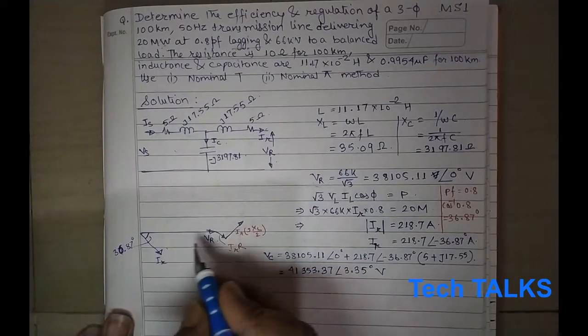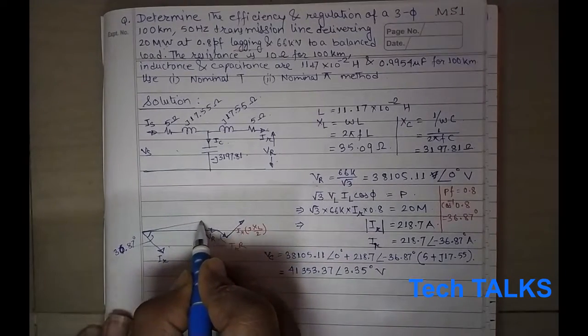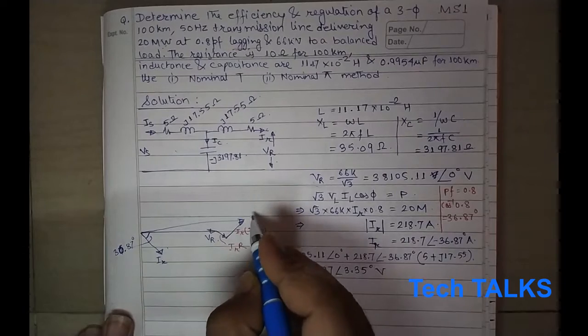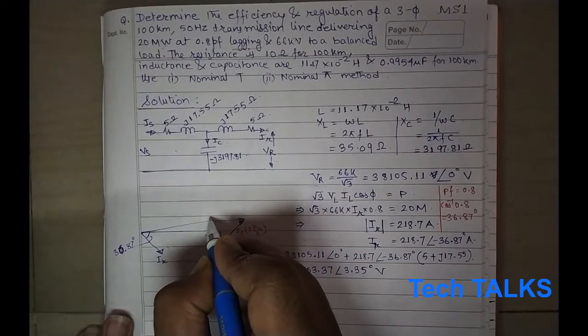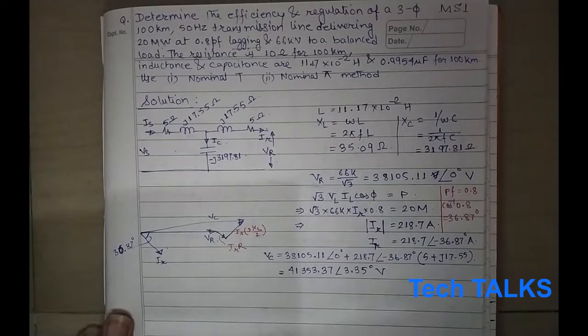So the total voltage, that is VR plus this voltage, is here, that means this is VC. You could easily see the magnitudes.